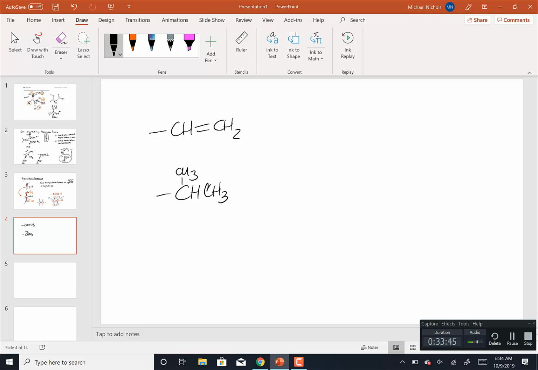Well, I can't tell because the C double bond C needs to be put in its equivalent structure. So again, I would even expand out and put the hydrogens in place so I know my equivalent structures. In this case, the first carbon needs to have 2 CC single bonds: first CC single bond, second CC single bond.